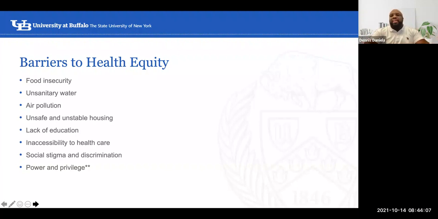When we look at varying levels of health outcomes in our society, there are different barriers that deprive us of accomplishing this. And these barriers or these inequities can lead to what we call health disparities, the preventable and inequitable differences in health that we see when we look across populations.